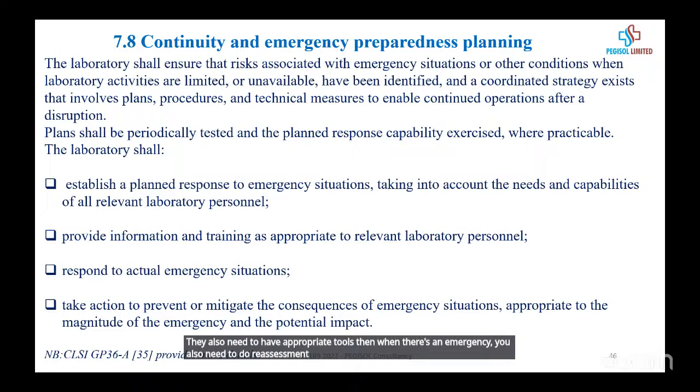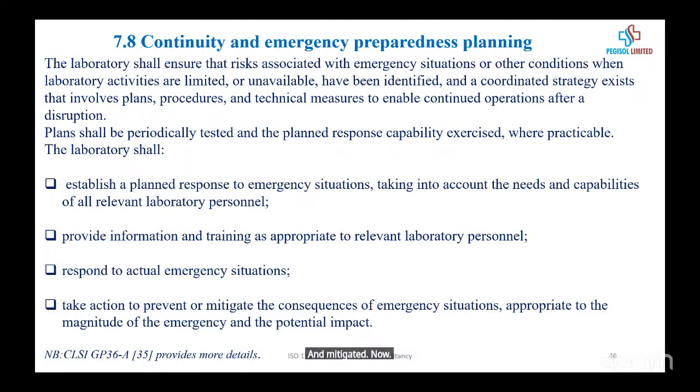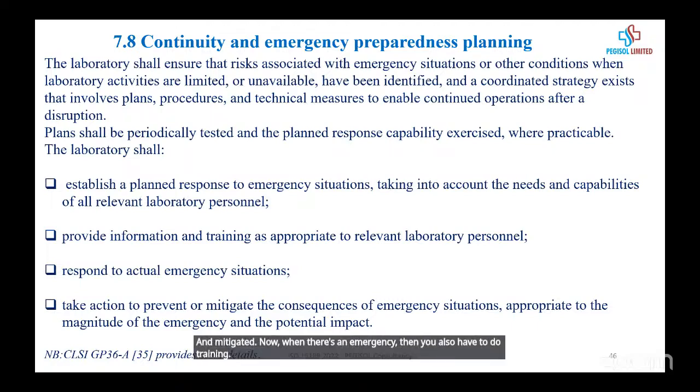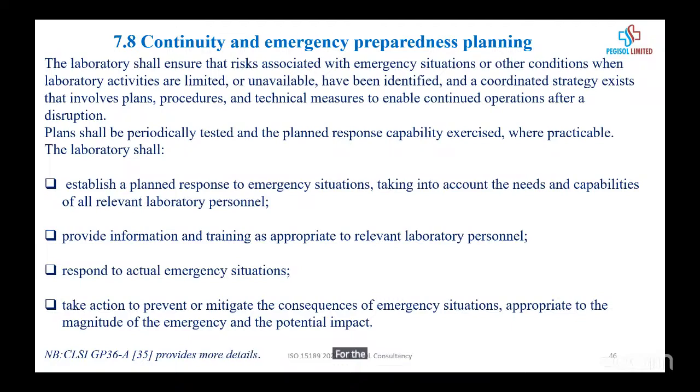So things that can cause potential harm can be identified and mitigated. You also have to do training for the emergency preparedness team to be able to handle emergencies and put plans into action.